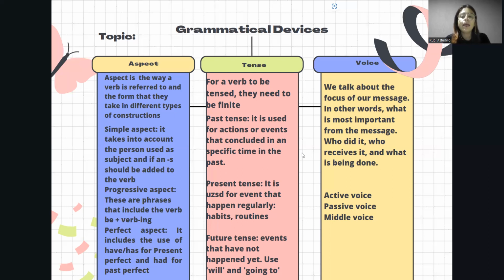So I think that for a text to make sense, to express something, to have meaning, it is important to take into account that when writing, we should follow all these rules and take into account, for example, if we're talking about the aspect, we should take into account the subject of the pronoun that we're using, because if, for example, we happen to use the pronoun he and we don't add plus s at the end of the verb, that is a grammar mistake.